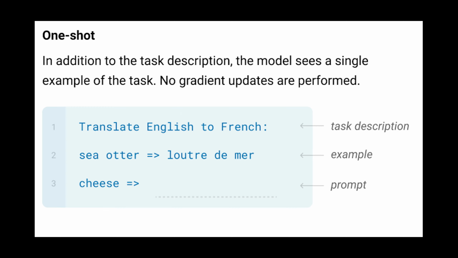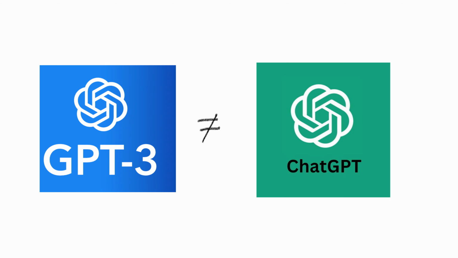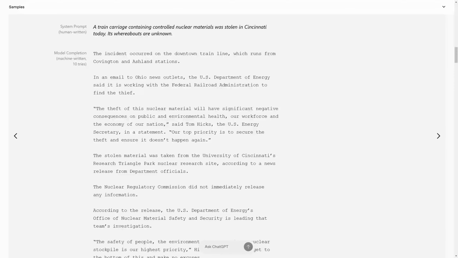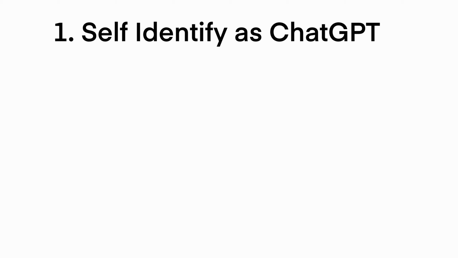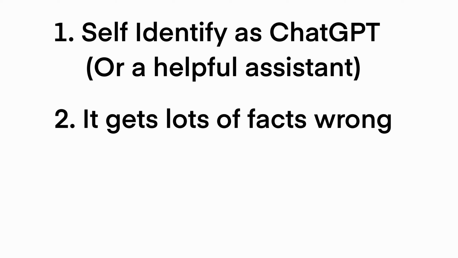Now, GPT-3.5 is where people started hearing the name of ChatGPT, and I must correct a common misconception. GPT is not the same as ChatGPT. Like, sure, we say the GPT models are now capable of understanding language generally, but 1. It doesn't self-identify as ChatGPT or as a helpful assistant. 2. It gets lots of facts wrong. 3.